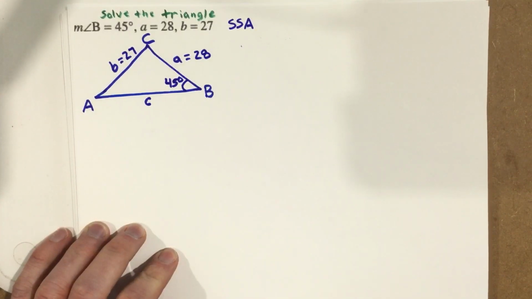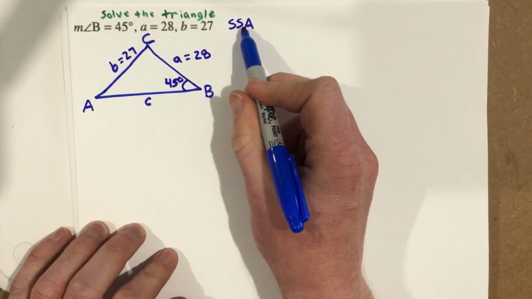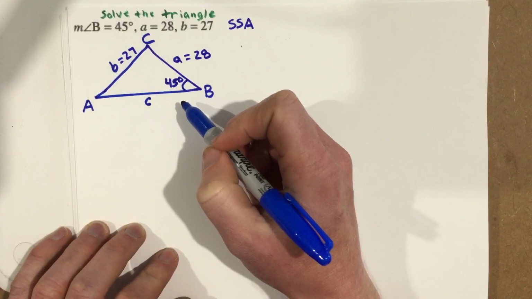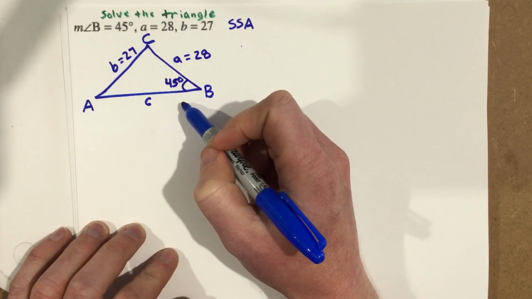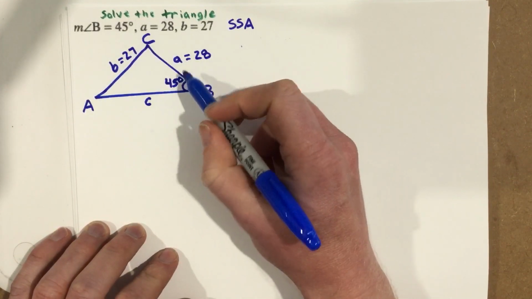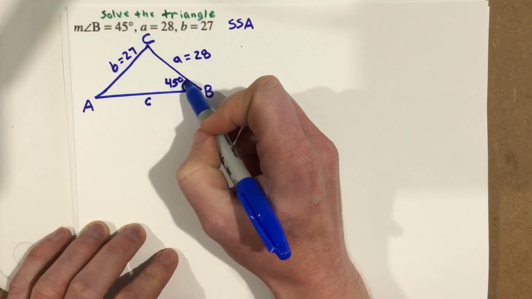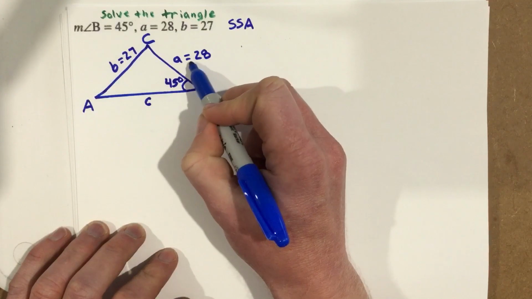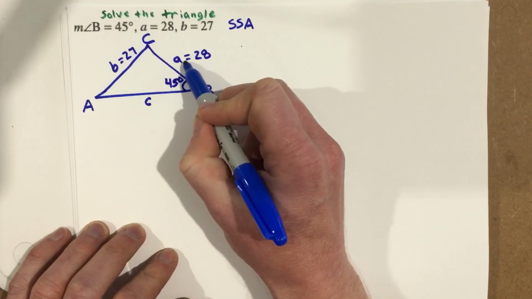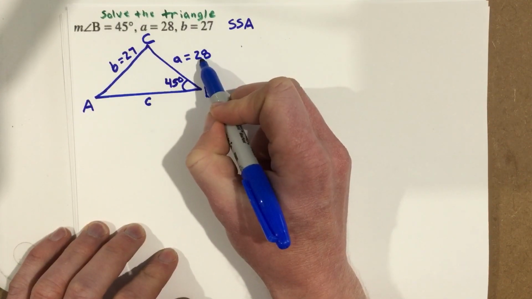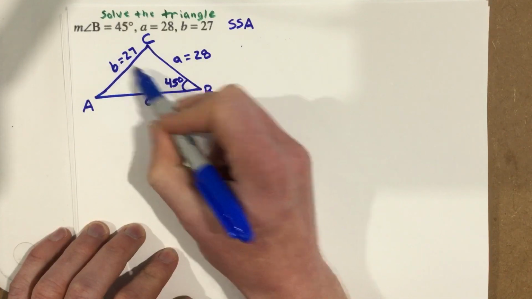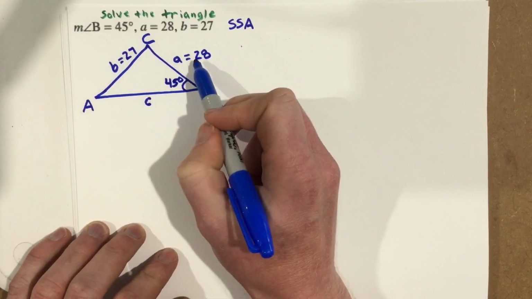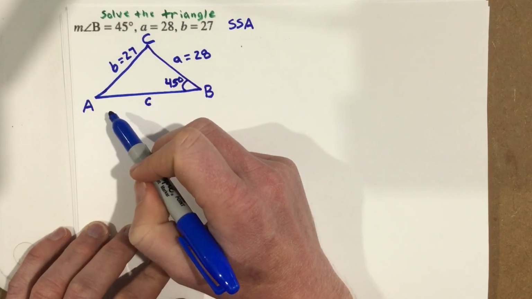side-side angle. In this situation, we know that sometimes we can get 2 solutions, sometimes we get 1 solution, sometimes we can even get no solution. How can we tell? Well, we look at the side that is touching the angle. That's side length A, and it's 28. If side length B, which is opposite of the angle, is smaller than 28, we've got 2 triangles.